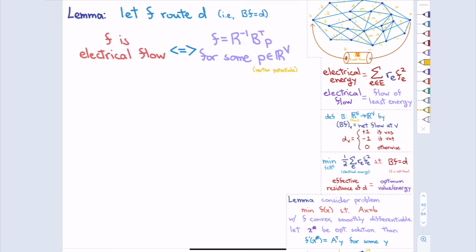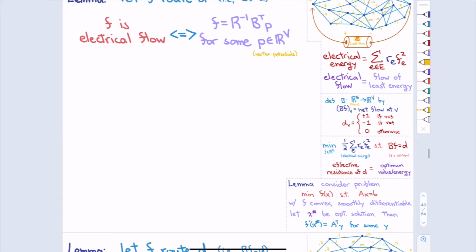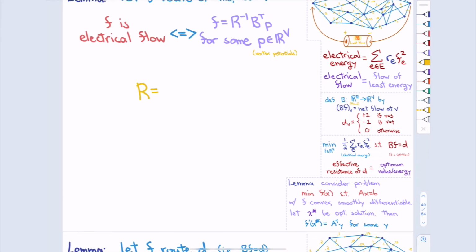R is the resistances along the diagonal. Oh, I don't know if I ever wrote that, huh? Okay.